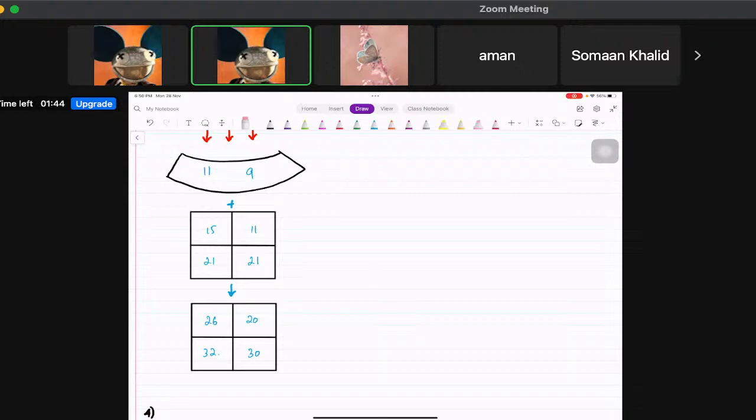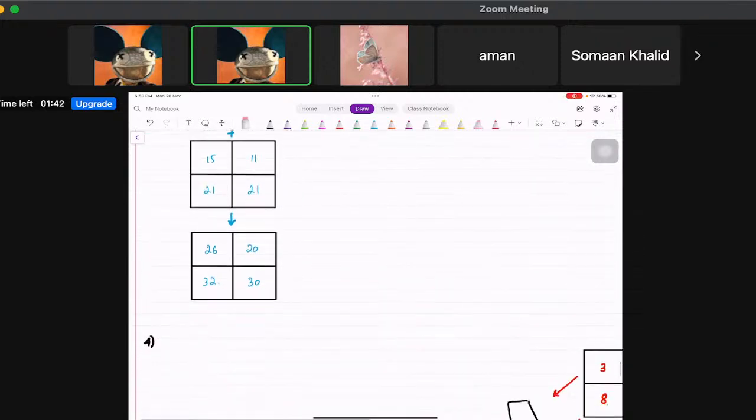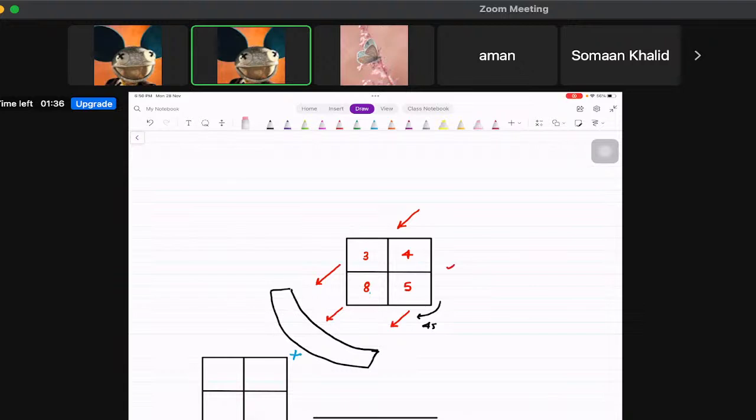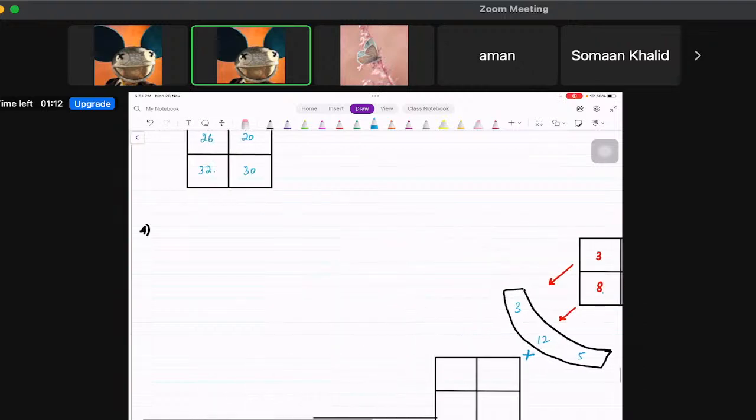And then this is the reading that we have, 26, 20, 32. The computer has stored it, and now we take it from the other side, turning it every 45 degrees 3 times, because we are doing 3D modeling here. Now you're going to get 5 on this side, and 4 plus 8 because they're in line is 12, and then 3. The previous reading was 26, 20, 32, 30.